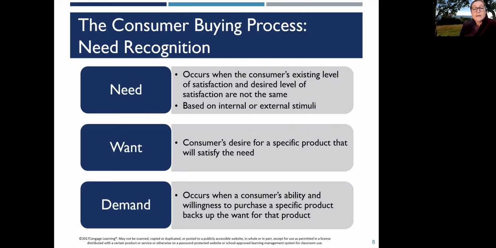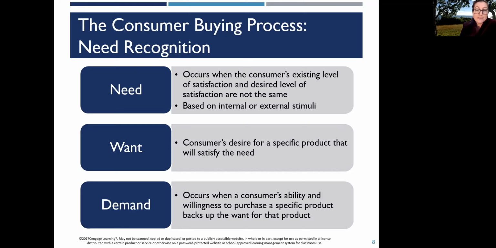Right, so when marketers are considering the consumer buying process, we need to recognize the difference between a need, a want, and demand, right? So a need is when the consumer's existing level of satisfaction and the desired level of satisfaction are not the same.